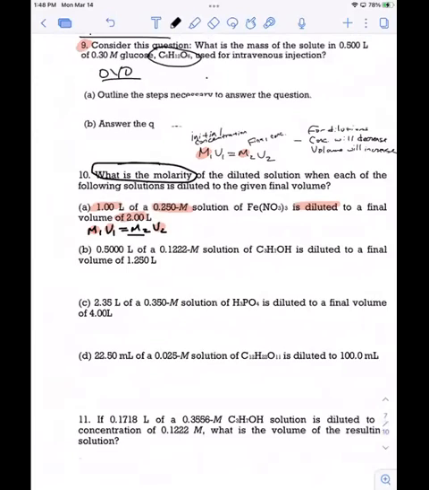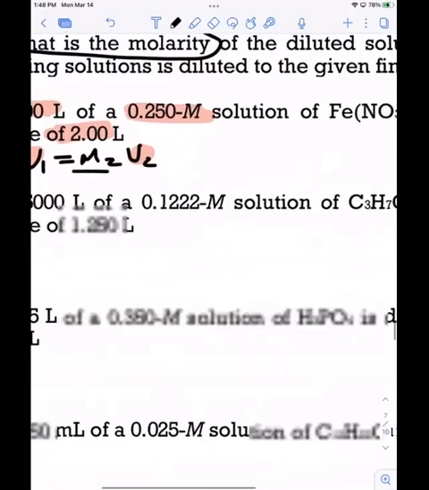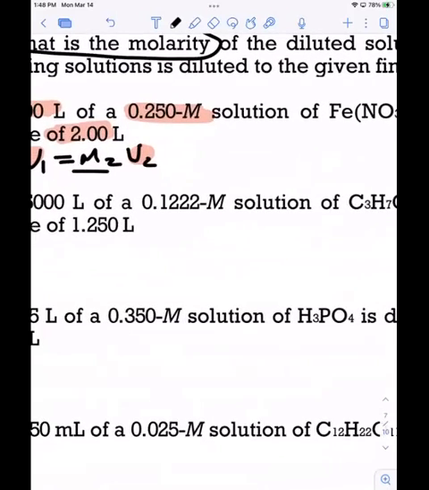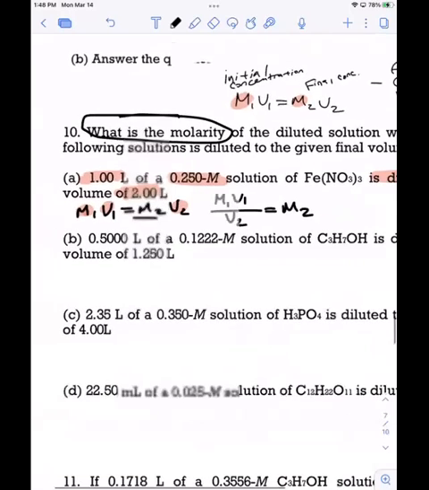We can manipulate this right up front and apply it to each one of these examples. So M1 times V1 over V2 is going to be M2. If you have any 3 of those variables, you can find the 4th one just by simple manipulation of the equation and the relationship.